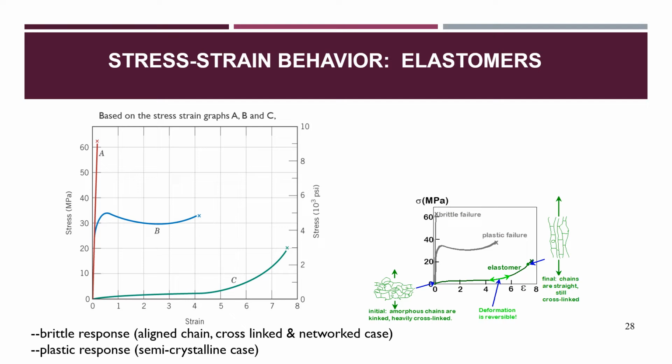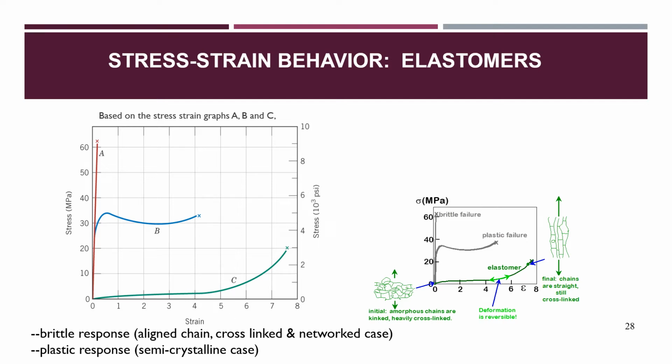And then what happens is the plastic failure. During this stage, for elastomer, the deformation will be reversible. It will reverse back and pull back before all the chains are straight and the crosslinks are straight, and then after it all becomes straight, it will break.